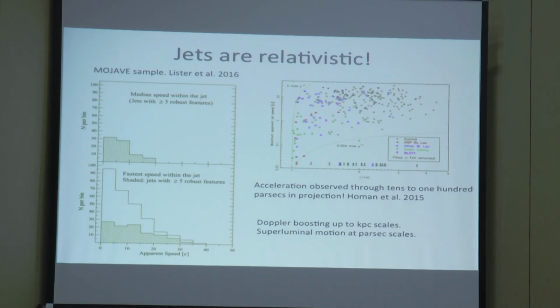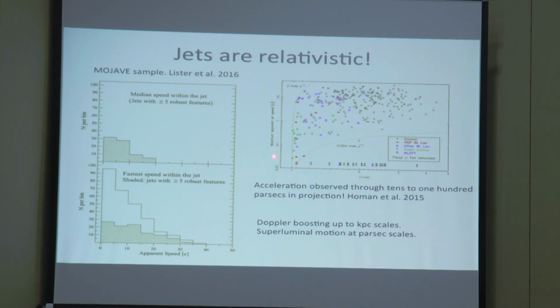As I said, jets are relativistic. This is something to keep in mind, but not only kinematically, but also thermodynamically. These plots are from the MOJAVE collaboration, and they show the apparent speed detected in a number of blazars, so jets with small viewing angles to the line of sight, and you see that they are all superluminal.